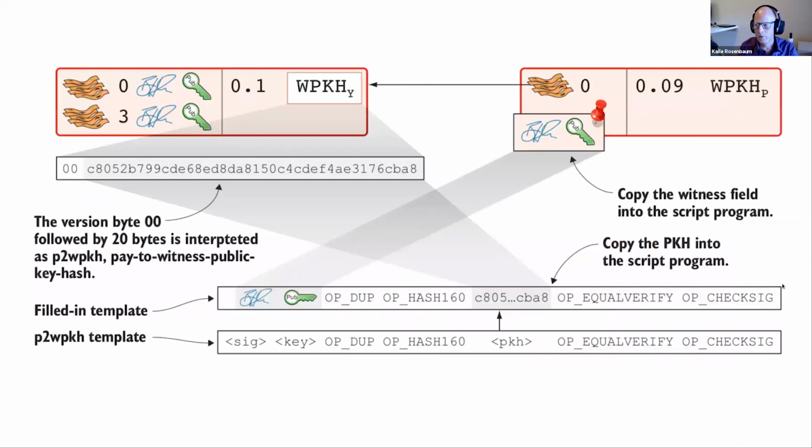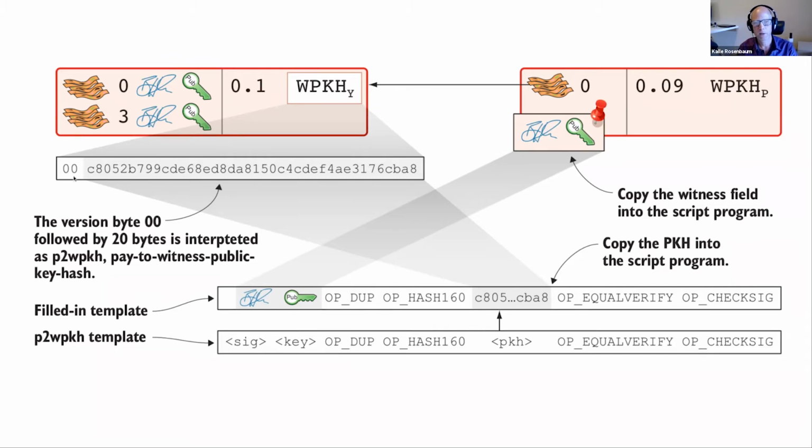And suppose now that some node on the network receives my transaction. They see my new transaction here, and they want to verify it. So what do they do? First of all, they will look at the output. And since this is a SegWit enabled node that does this verification, they will recognize this as the pay to witness public key hash pattern.